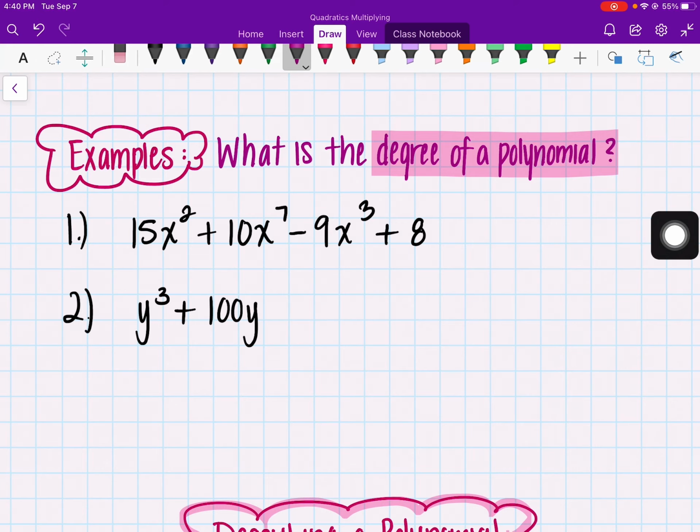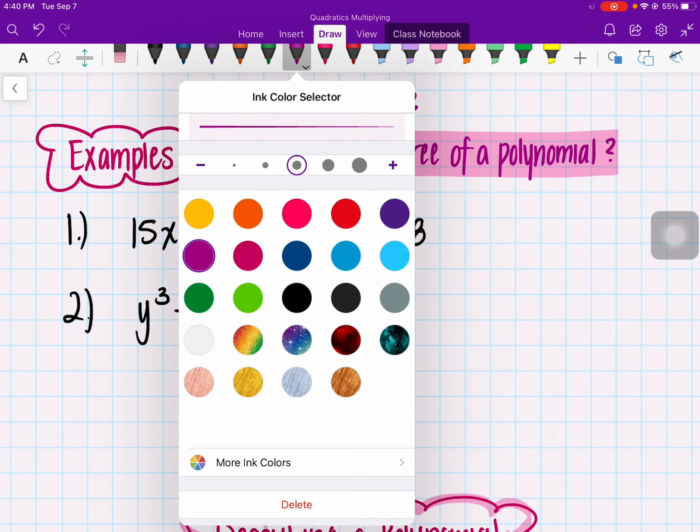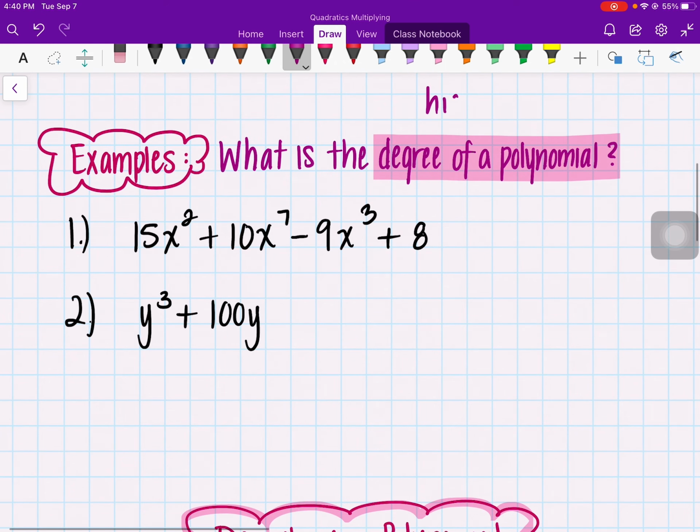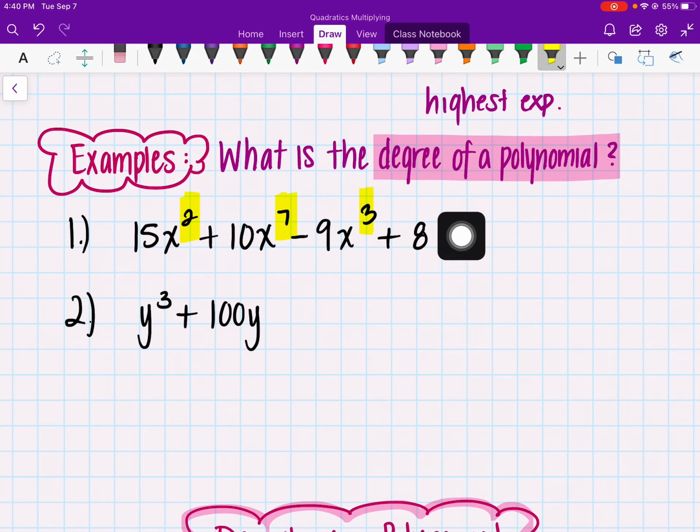Whenever we're talking about the degree of the polynomial, we're actually talking about the exponent in this case. Actually, the highest exponent here. So whenever you're looking at the expressions here, if you want to determine the degree of the polynomial, you have to take a look at your exponents. In this case, the 8 does have an exponent.